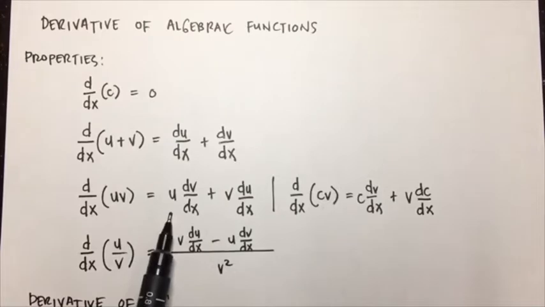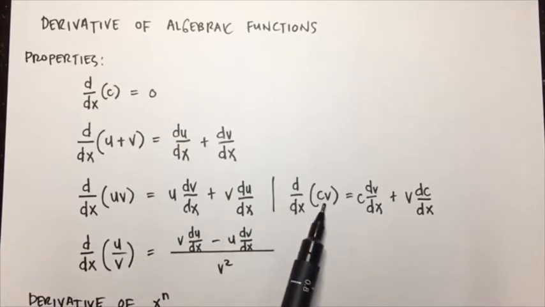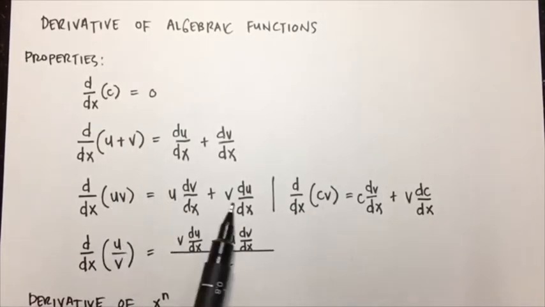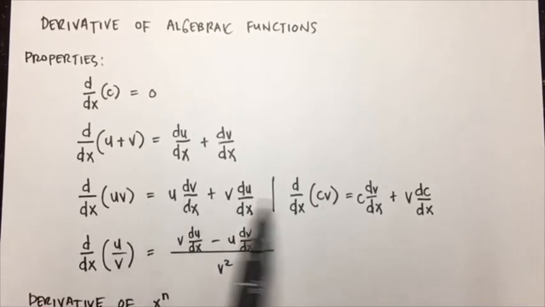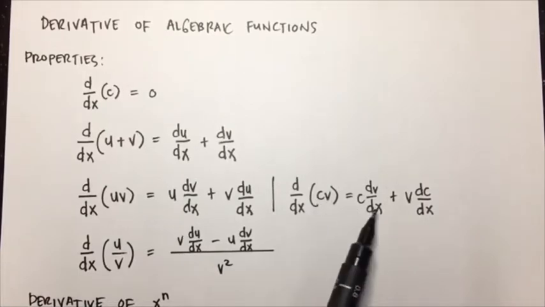In some special cases, if we have a product of a constant and a variable, all we need to do is still apply the product rule, the derivative of a product. So it's c multiplied by the derivative of v plus v multiplied by the derivative of c.